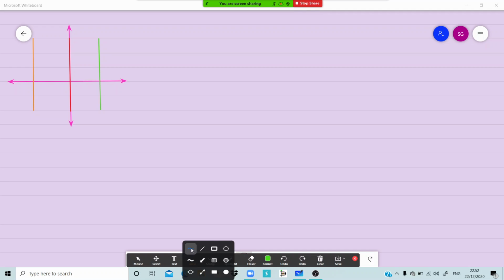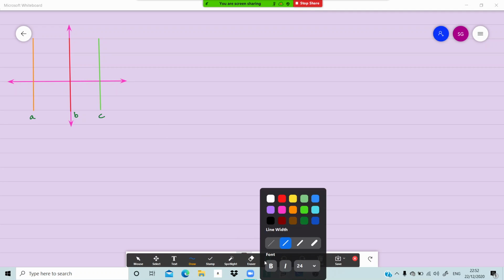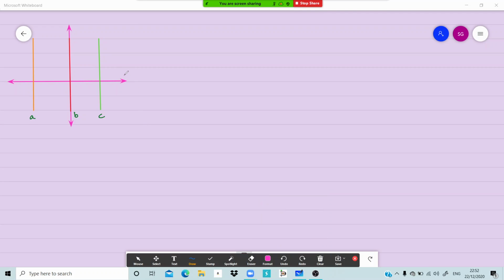I'll name them: this is A, B, and C. This is the S plane, so this is sigma, and this is j omega. And now we want to see what is going to happen in the Z plane.